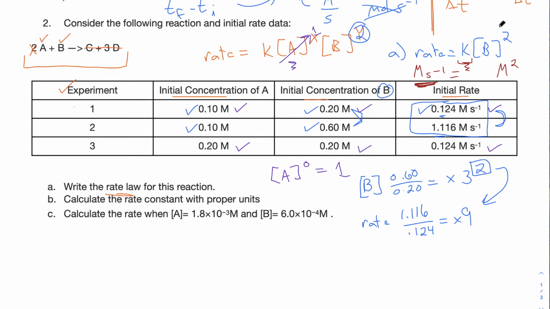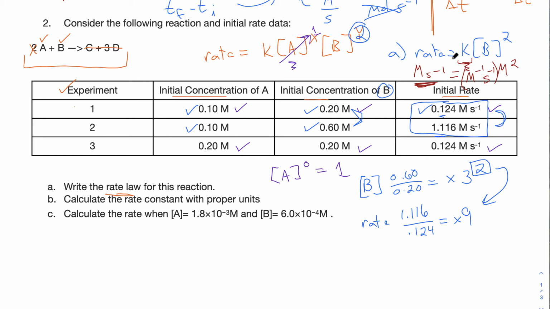Since this is second order overall, and the concentration is squared coming from the B squared portion of the equation, the units for K have to be per molarity per second.